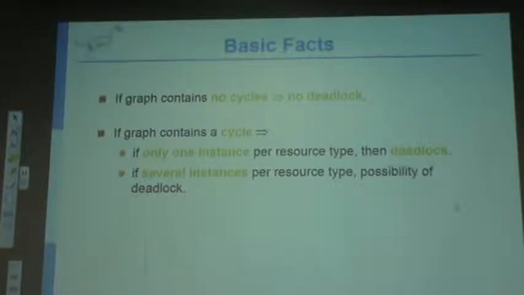In other words, you can grant a process to take the resource. Otherwise, if you can find such a cycle or circle in the resource allocation graph, it may cause a deadlock situation. Not always. Sometimes even though you have a circle, that doesn't mean it causes a deadlock situation. However, it may cause the problem, so you should take care of such a situation.